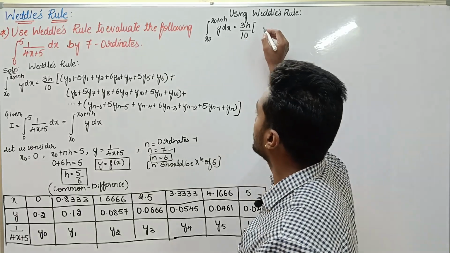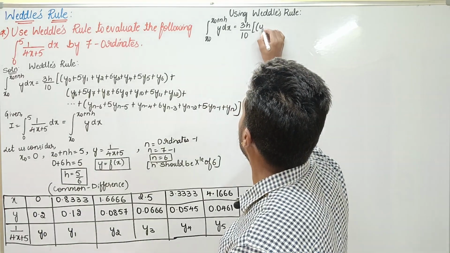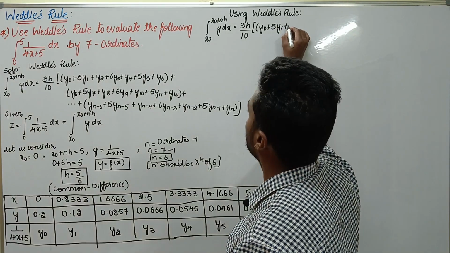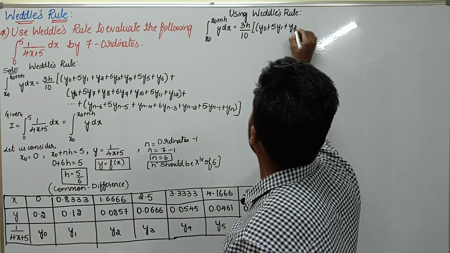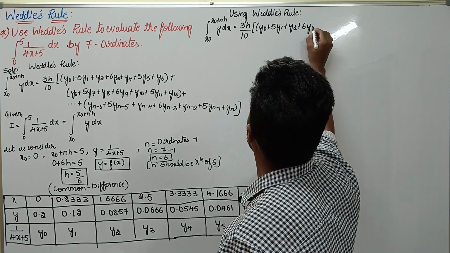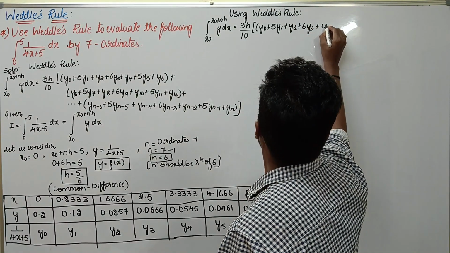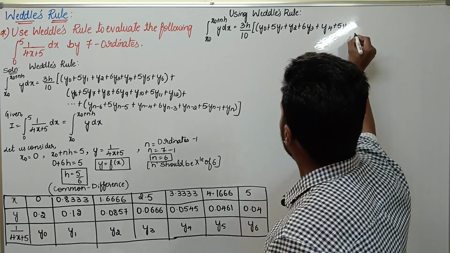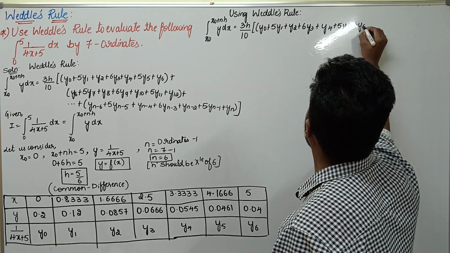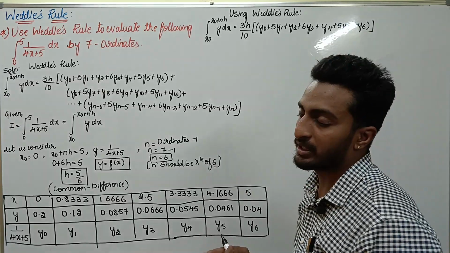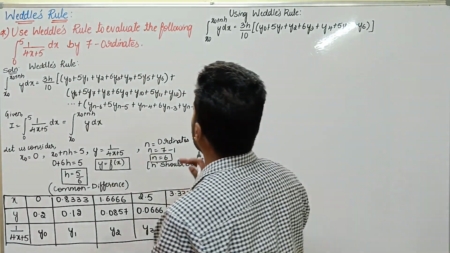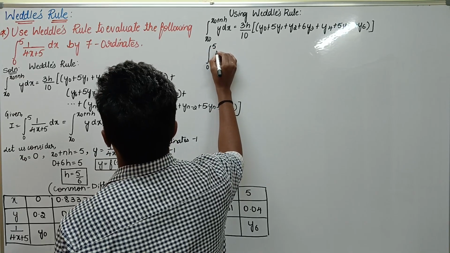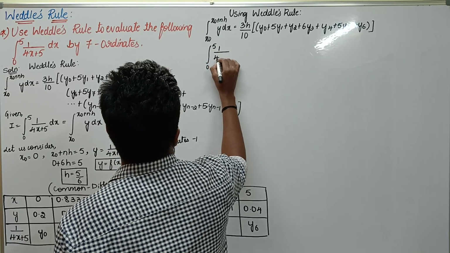That is y naught plus 5 into y1 plus y2 plus 6 into y3 plus y4 plus 5 into y5 plus y6. Close the double bracket.